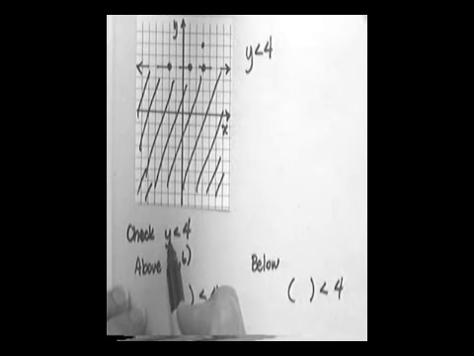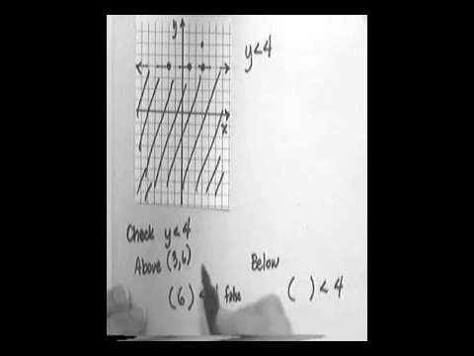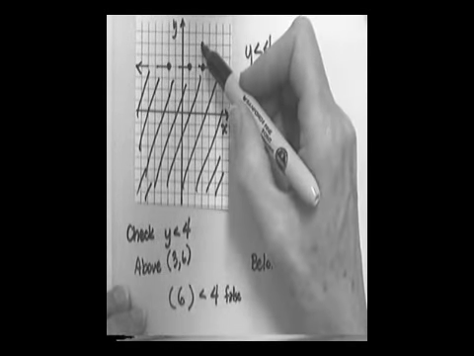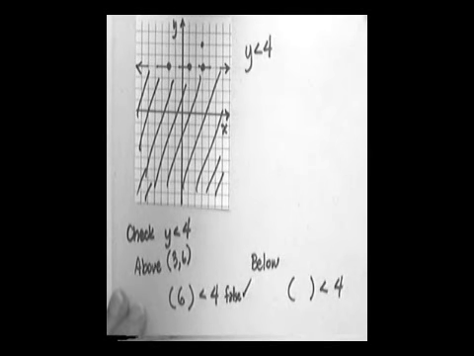The x value is not mentioned, and so the x value is ignored in the check. We simply omit it, since it was omitted from the original inequality. And so we have 6 is less than 4, which is false. This point above is in the unshaded region, which tests false, and that's correct.